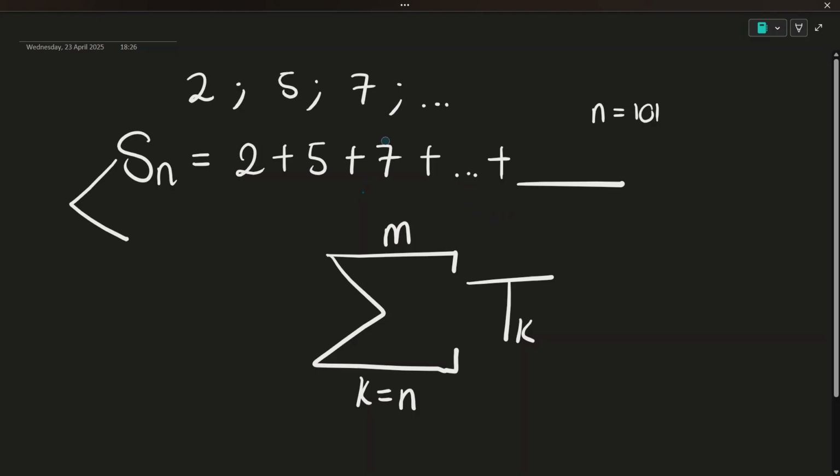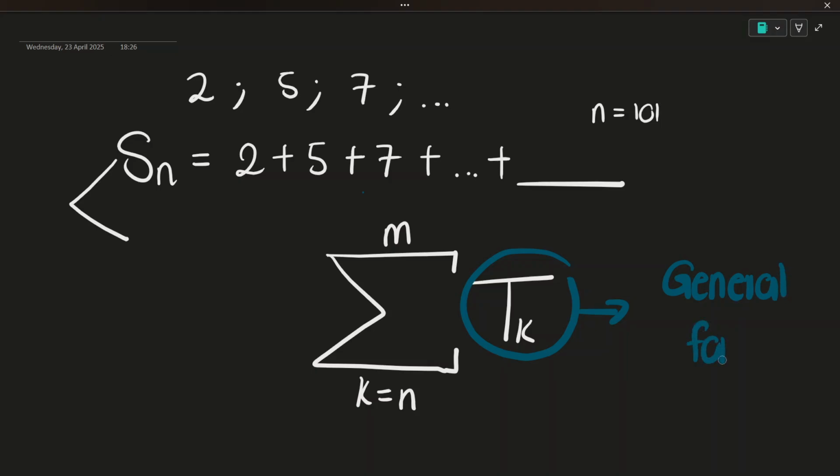What we are doing here is saying, I want to get the sum of this general form starting from the nth value, ending at the mth value.